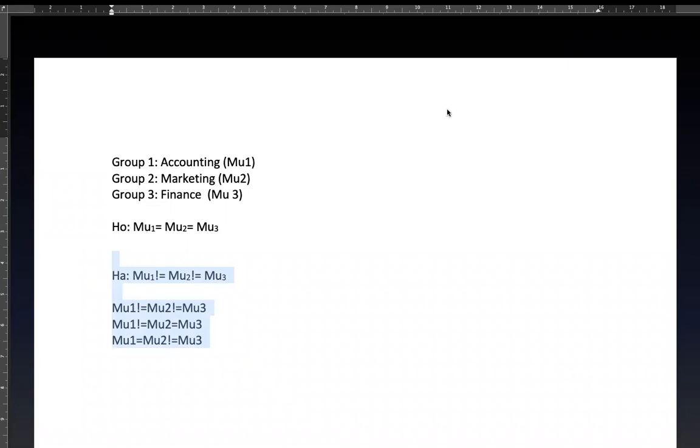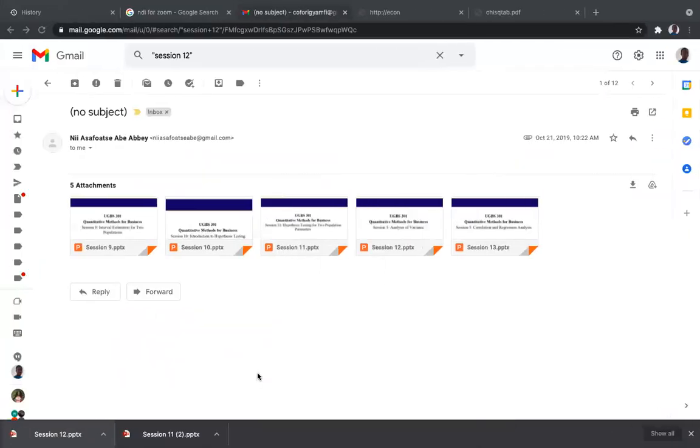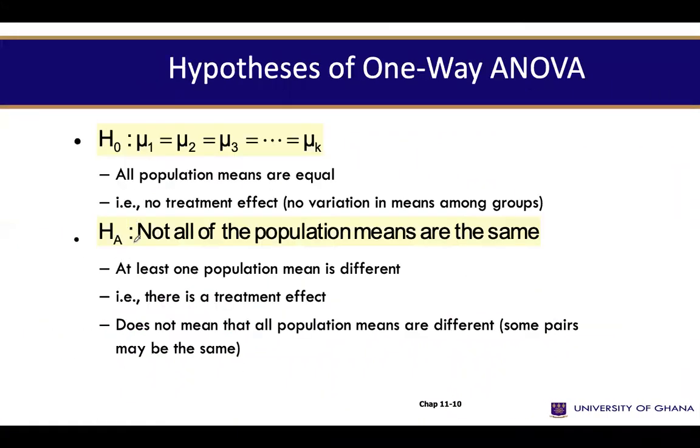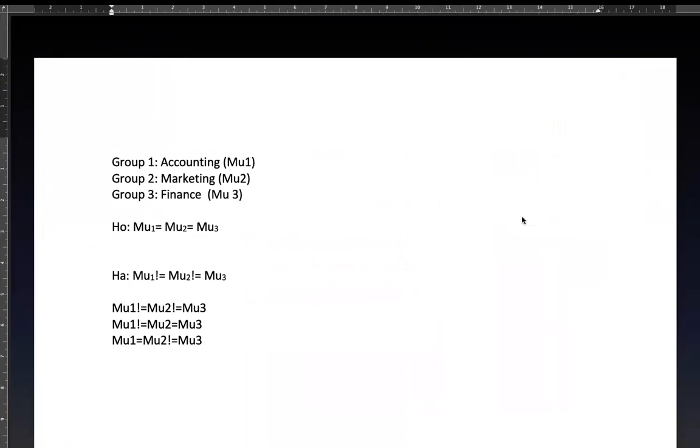Okay, Maureen. I think we said that not all are the same. Whether the difference is between mu1 and mu2, mu3, or mu1 and mu3, they are not the same. Not all the population means are the same. Exactly. So our alternate hypothesis is that not all of the population means are the same.